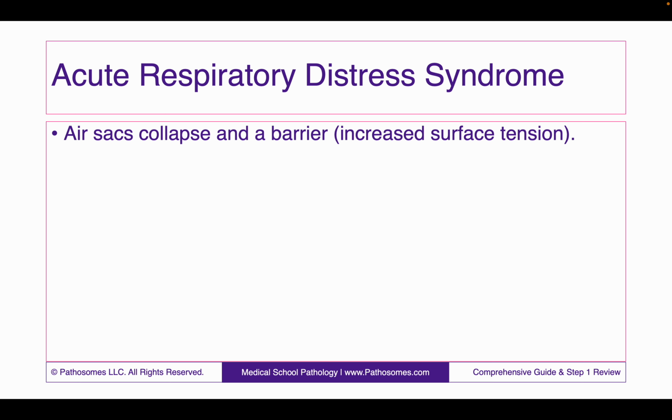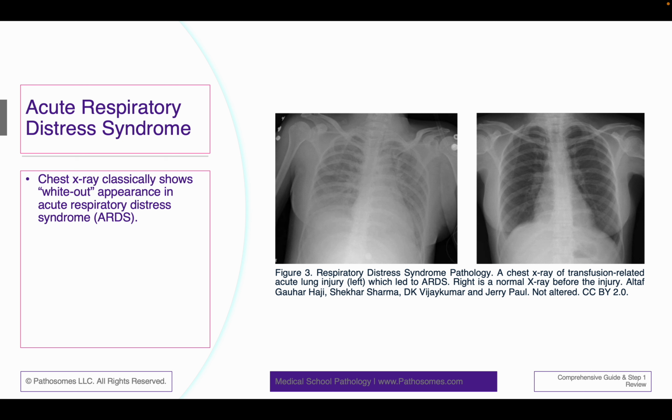With acute respiratory distress syndrome, the air sacs collapse and form a type of barrier to oxygen diffusion. Here we can see radiology showing a classic whiteout appearance that occurs with ARDS.